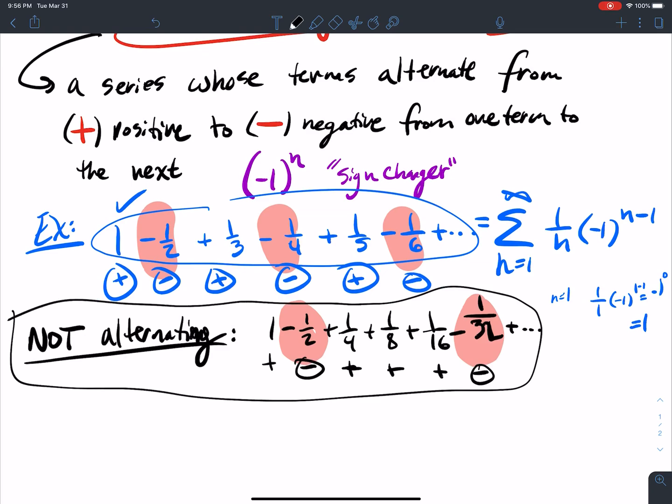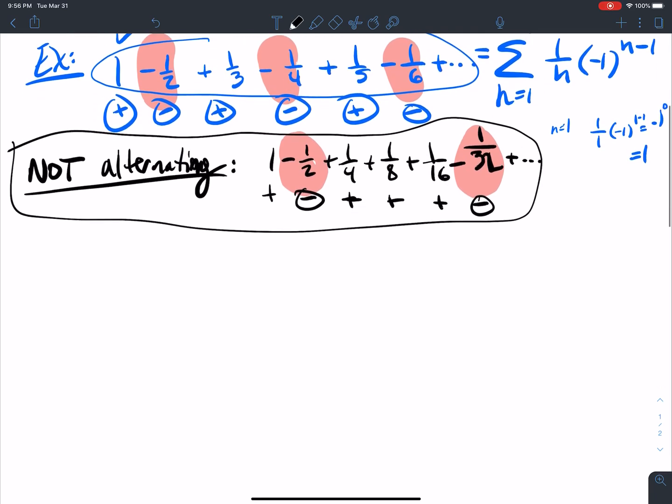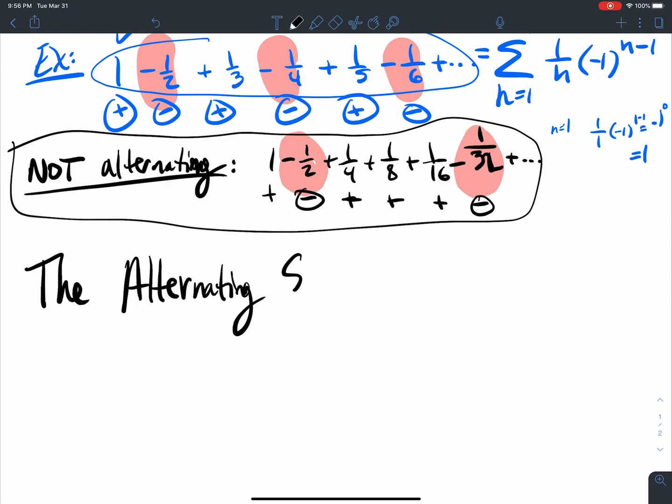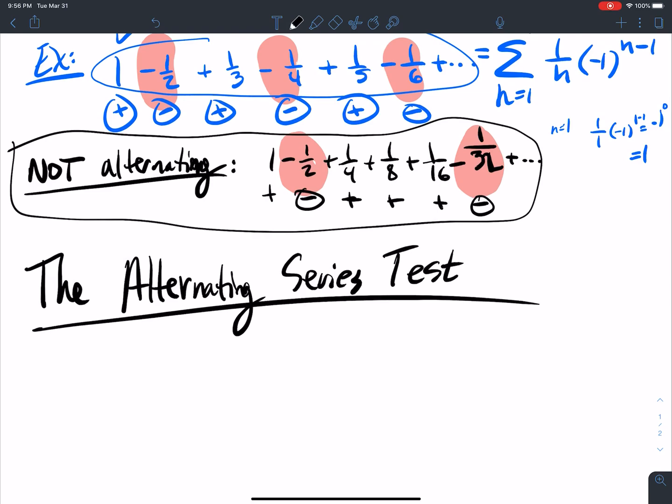All right. Now, for the alternating series test, now that we know what an alternating series is, let's do the test. So the alternating series test for convergence of infinite series, I want a_n to be positive.